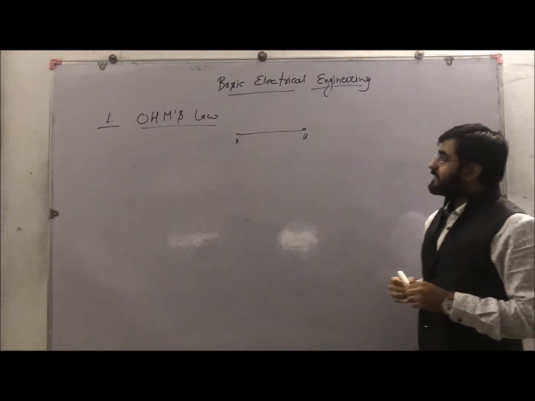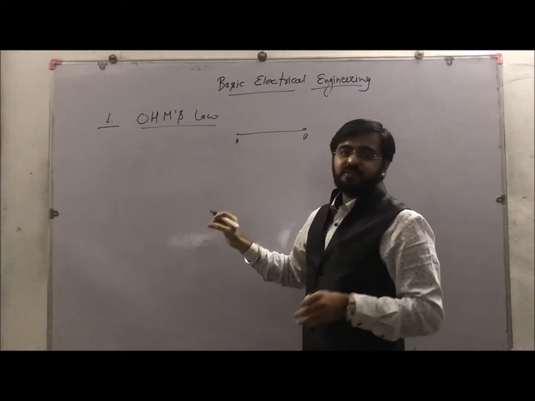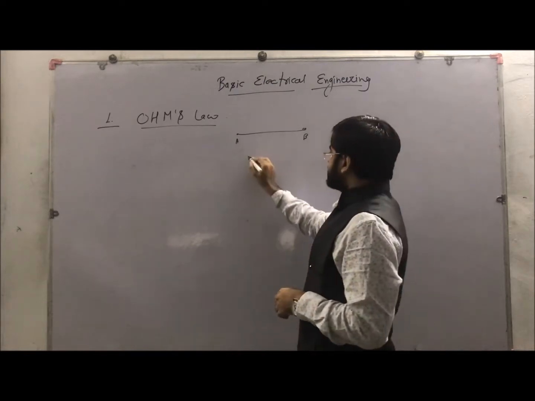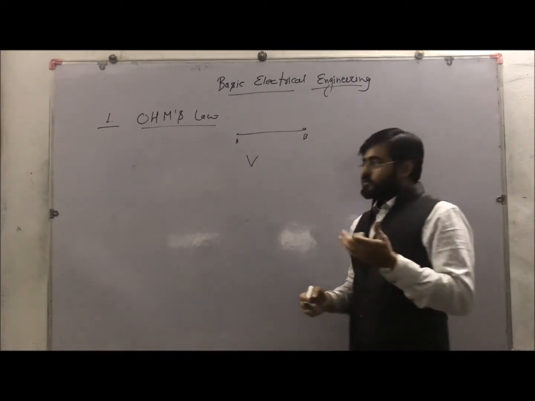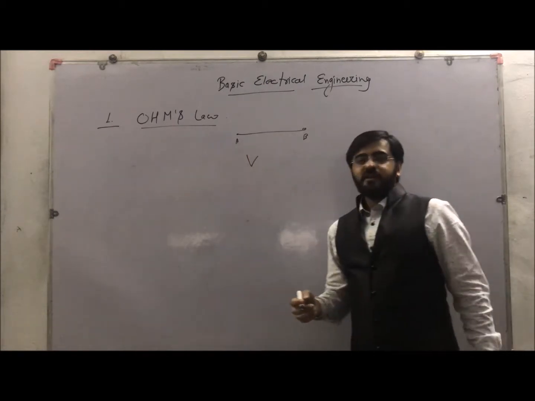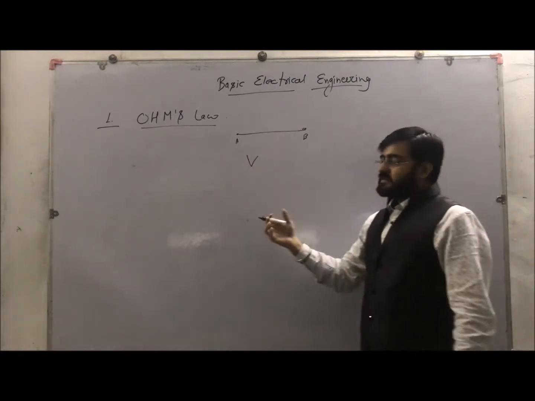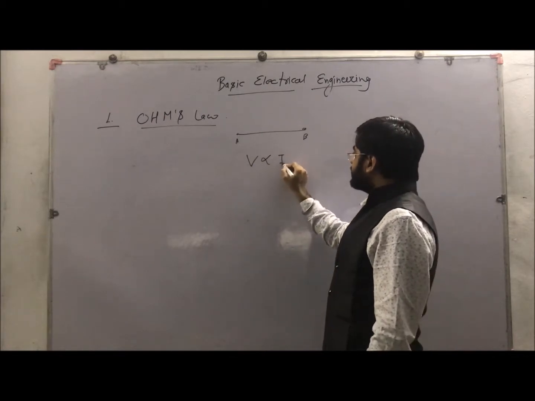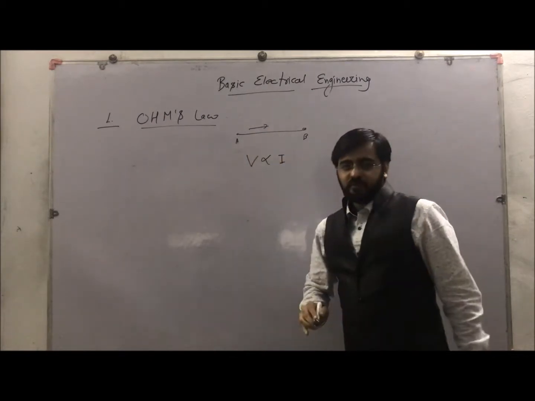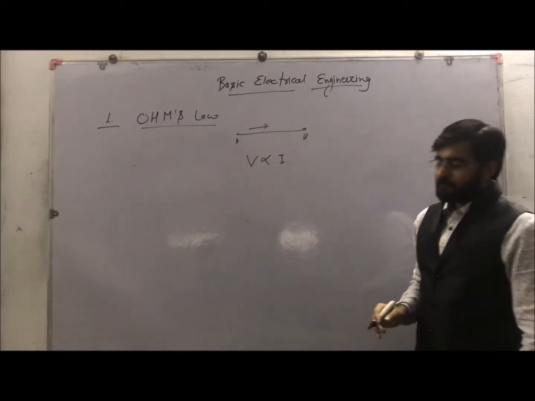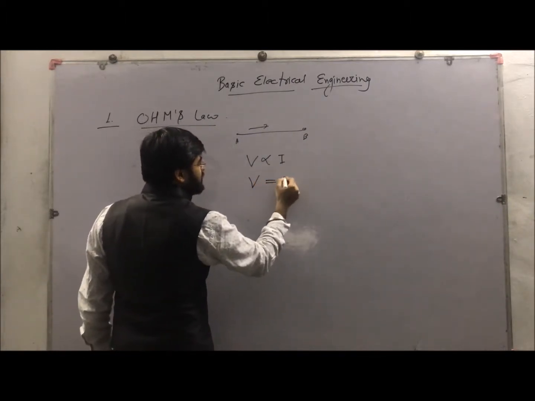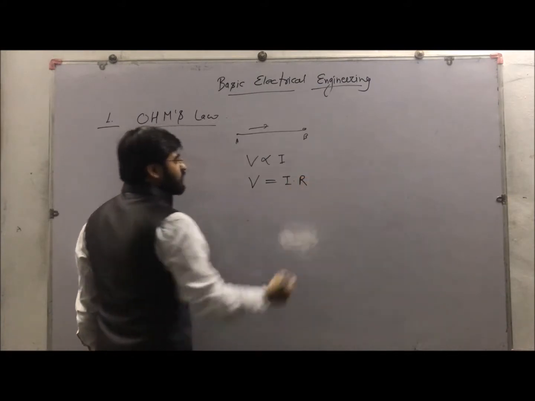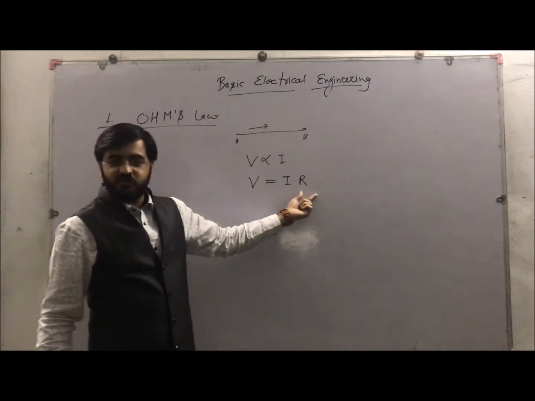We can denote potential difference by voltage. So Ohm's law states that the potential difference across a conductor is directly proportional to the current flowing through it. So V is proportional to I. Further, it is written as V equals I into R. Here the proportionality constant is resistance.